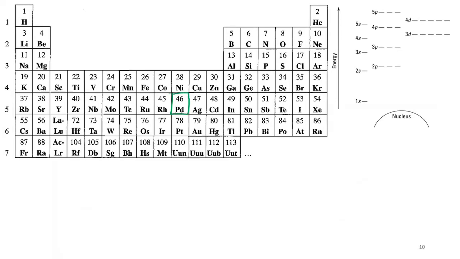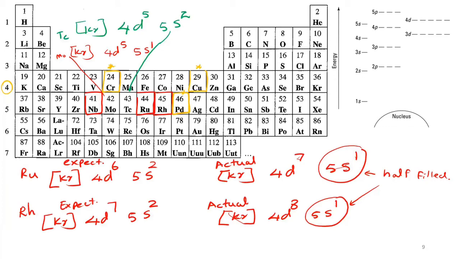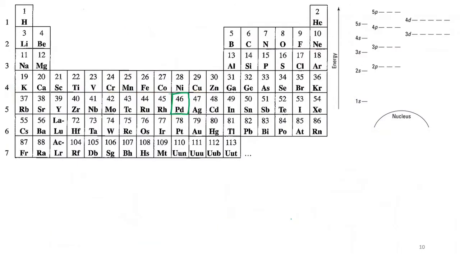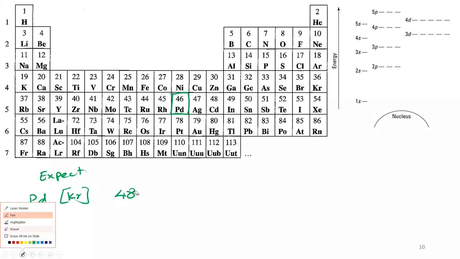All right, based on the electron configurations we wrote previously, you might expect an electron configuration for palladium something like this. So 4d8 and 5s2.